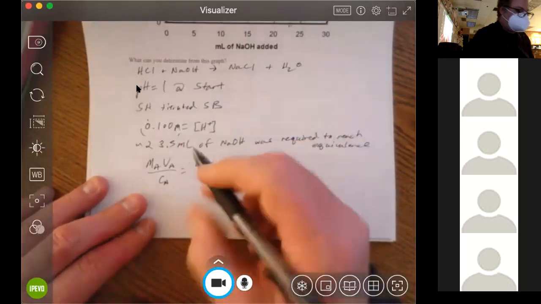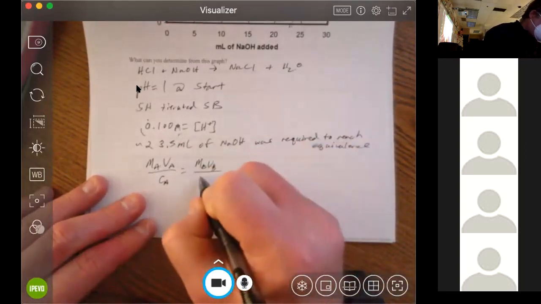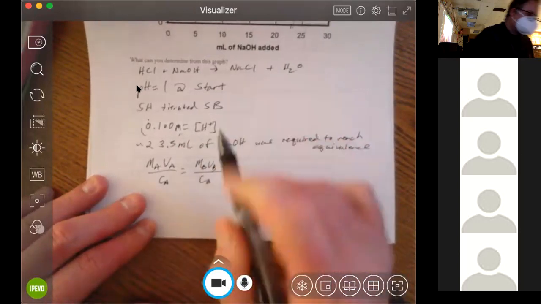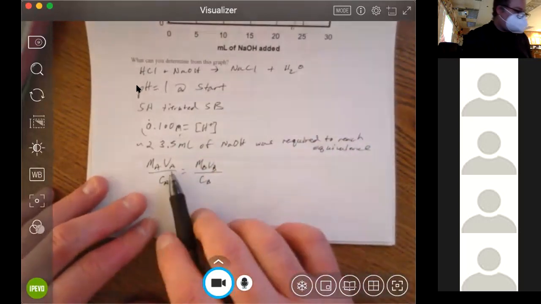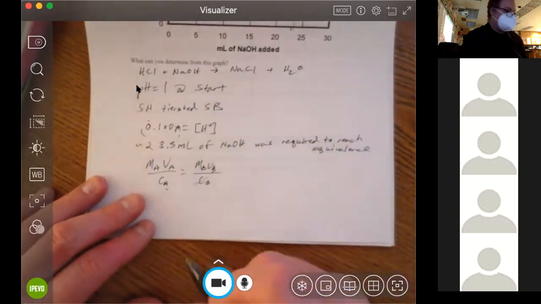It's very similar to what we used for your laboratory. So we have the balanced equation. The coefficients are both 1, so they are going to cancel out.